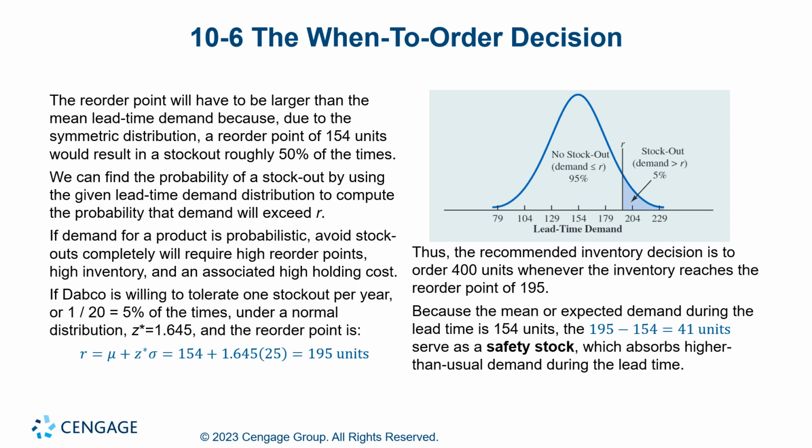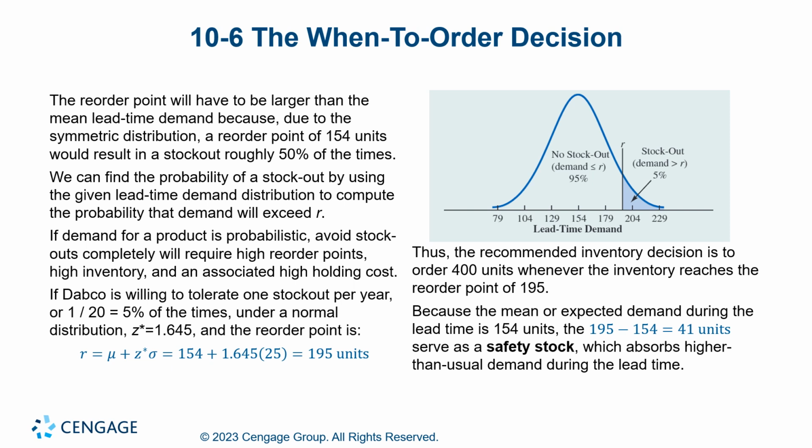Therefore, for the assumed normal distribution, and for the lead time demand with mu equal to 154 and standard deviation of 25, the reorder point R is equal to the mean, which is 154, plus Z 1.645 times 25, equal to 195 units. So in general, R is equal to mu plus Z times sigma.